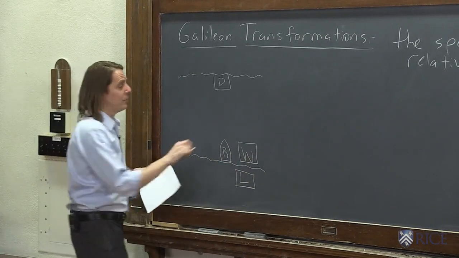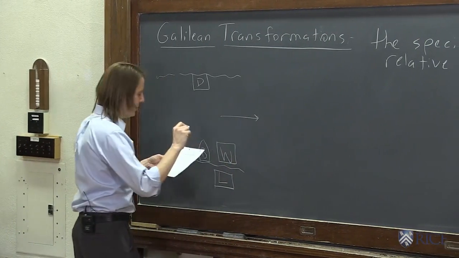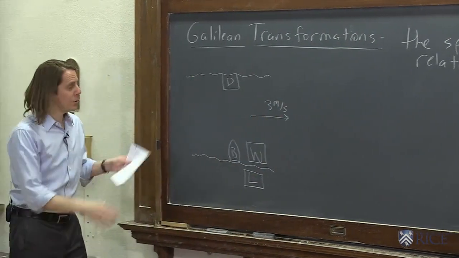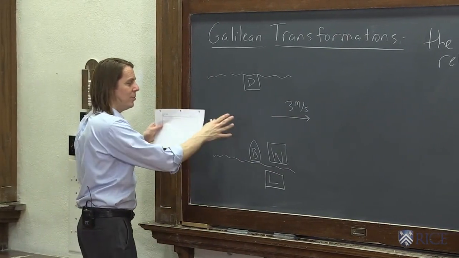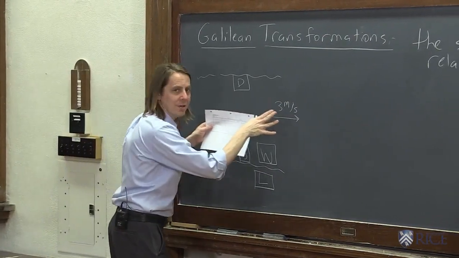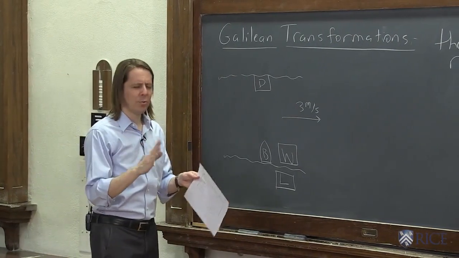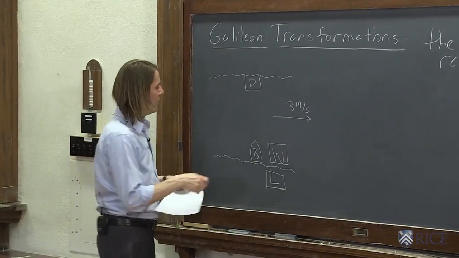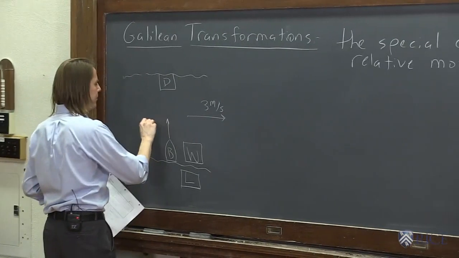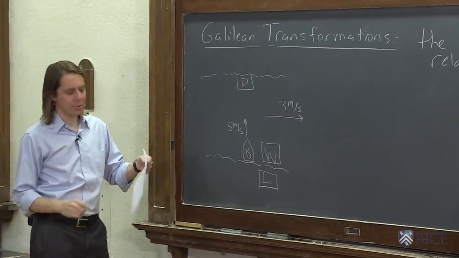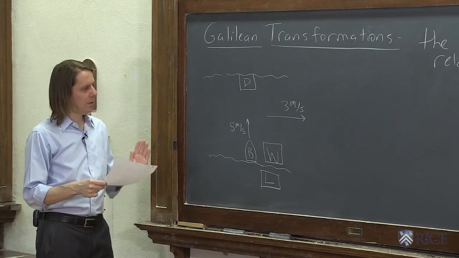And they're different frames because the water is rushing to the side at 3 meters per second. So you can imagine the water represents, when the boat is in the water, a frame of reference moving at 3 meters per second that way. The boat, whenever it's in the water, feels like it's going 5 meters per second this way. So relative to the water, the boat moves 5 meters per second up.